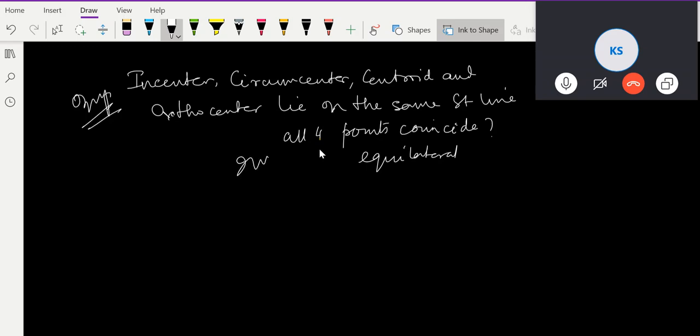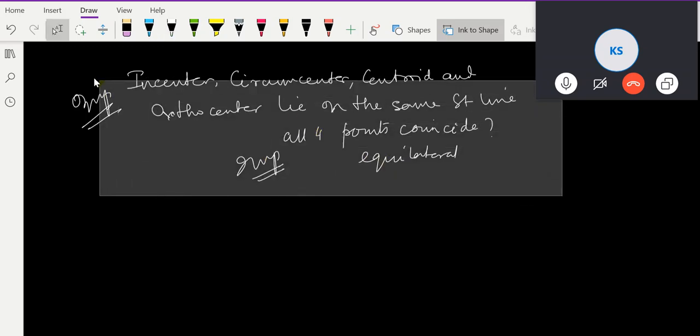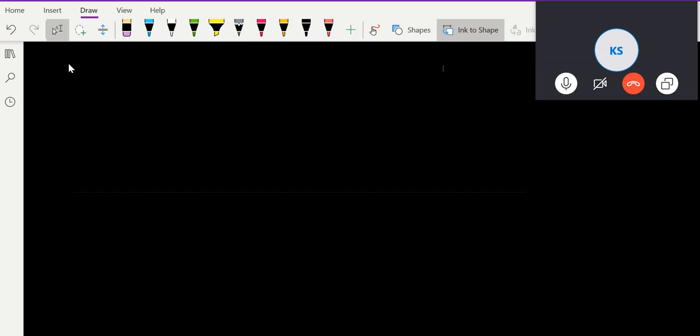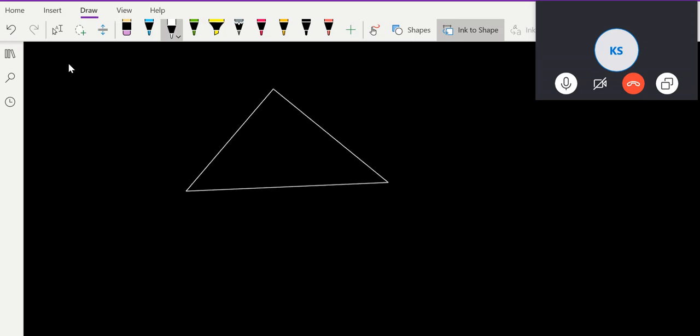Another important property, right? Yes, sir. Now let us see, in case of an equilateral triangle, how can we find out these points? So if I have an equilateral triangle ABC, and this is my orthocenter, circumcenter, all of that, right?